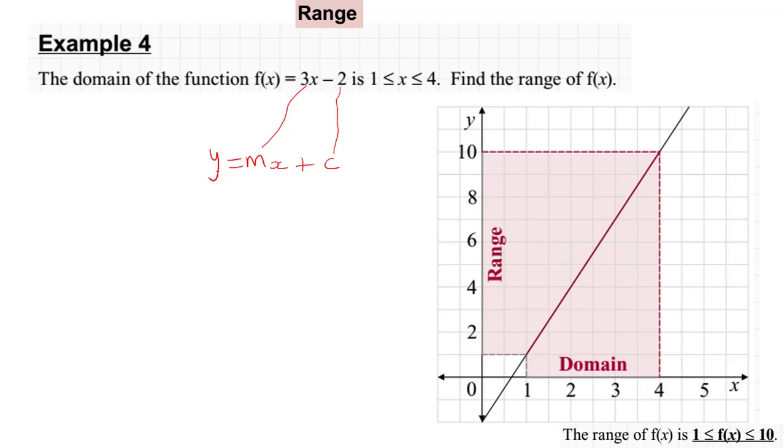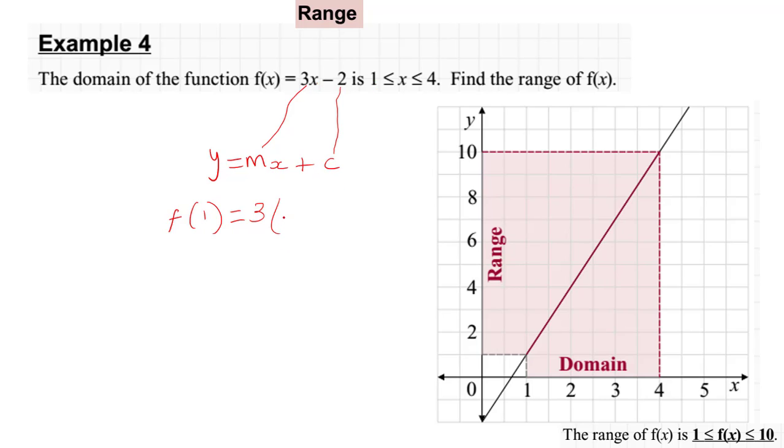Now, remember that to plot the function, the line, you will always need to know your x values. Here we are starting at 1 and ending at 4. Now, when x is 1, let's see what y is going to be. So you put 1 inside there. Remember, anywhere where x is, you put your input there, which is 1.